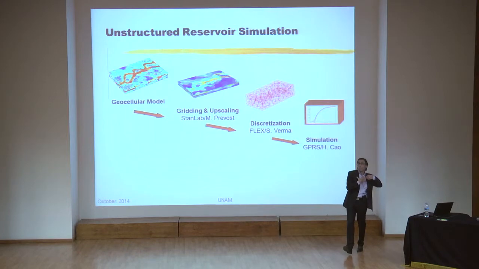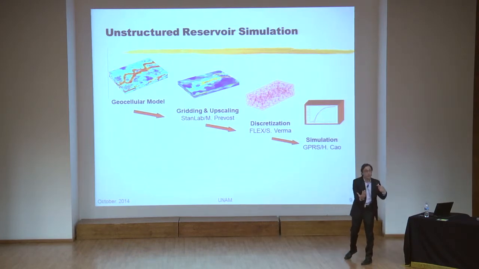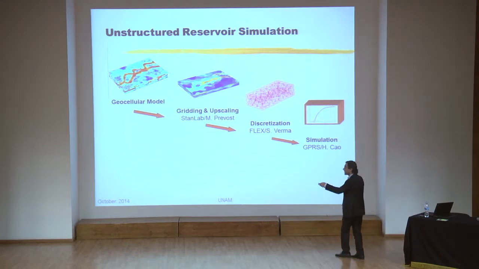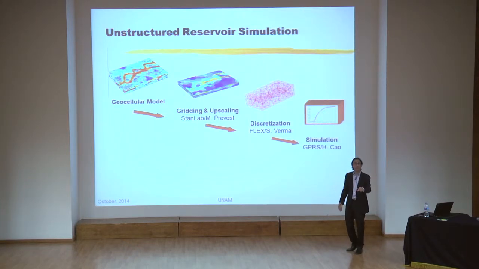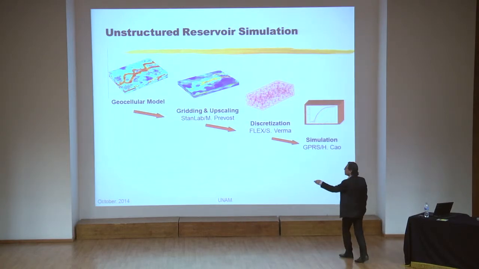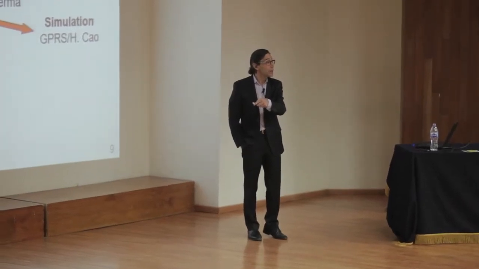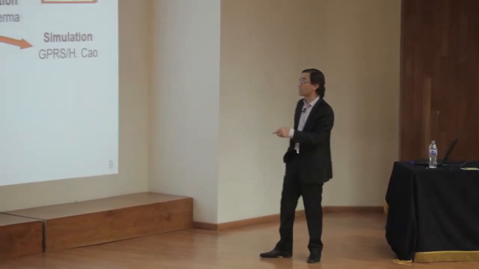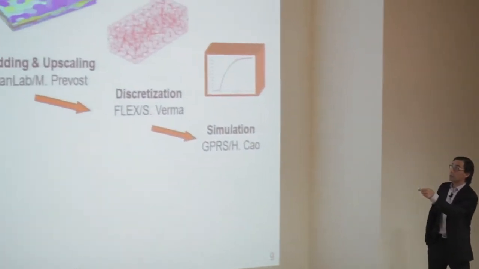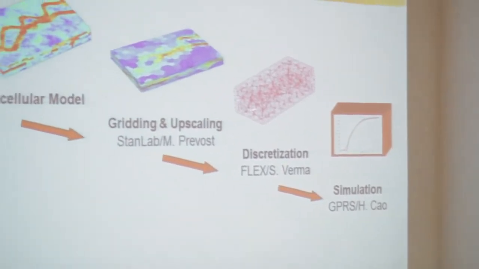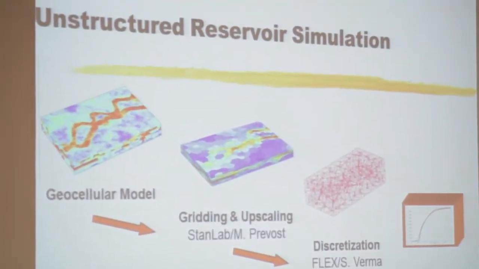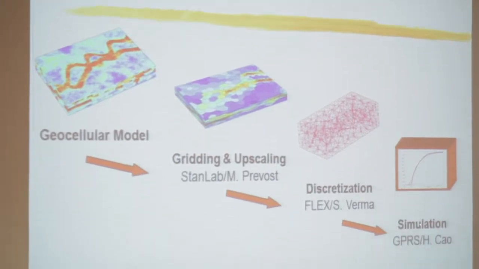So what gets into the way of unstructured grid workflows is that first you have to make sure that you have gridding capabilities of the geocellular model and the reservoir properties. But then you have to have a gridding and an upscaling framework for both the grid and the physics. You have now to discretize the equations we talked about, these conservation laws, and then you have to solve them.